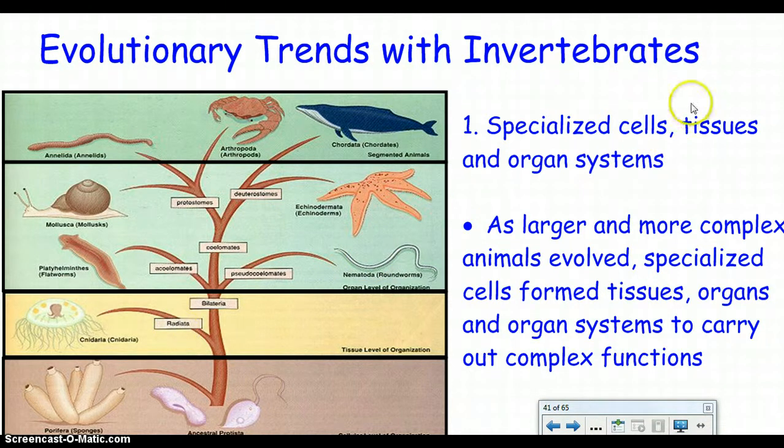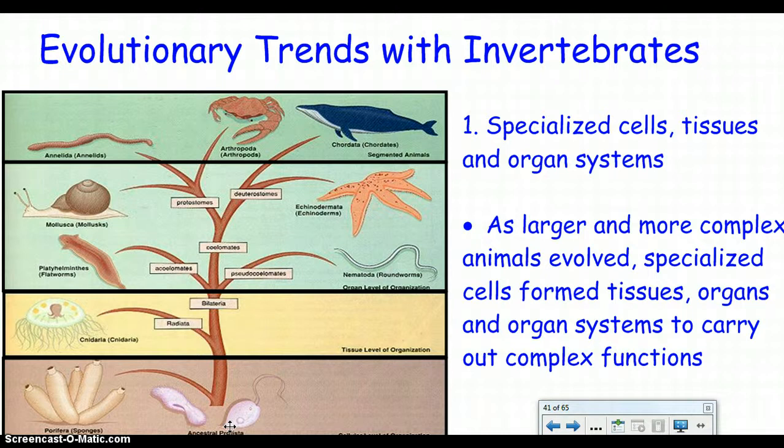So specialized cells, tissues, and organ systems just basically means that animals go from a cellular organization up to being segmented and having certain areas of their body that are responsible for certain functions. So as an animal gets larger and more complex, they specialize in what their cells do. The earliest animals, like sponges and animal-like protists anyways, were organized on a cellular level.